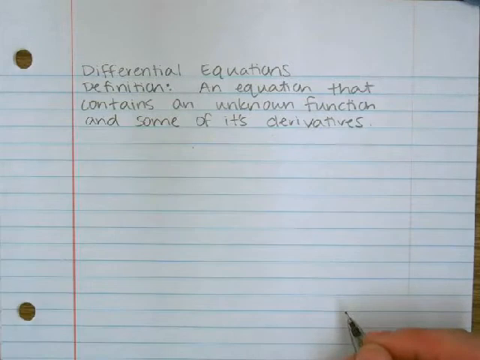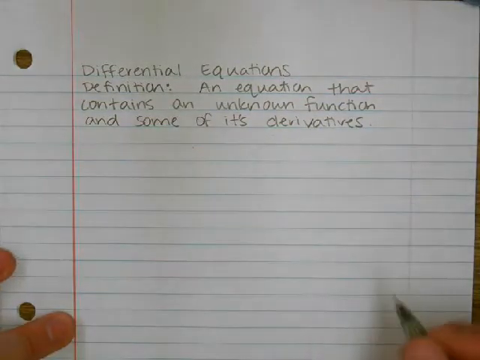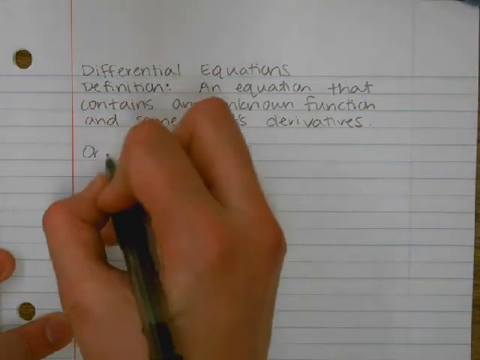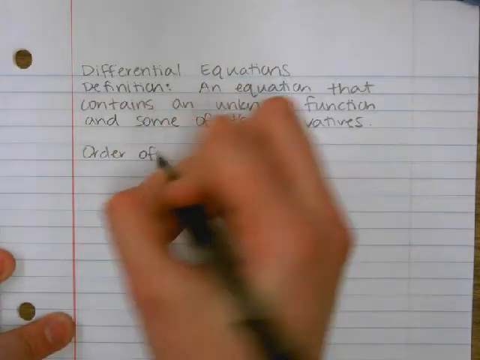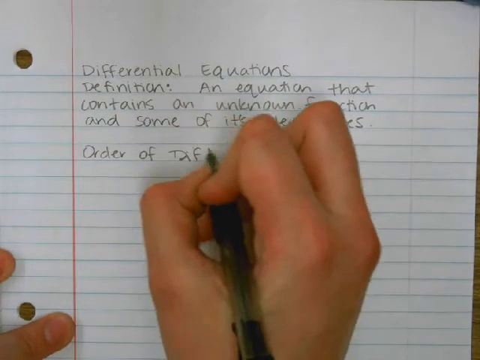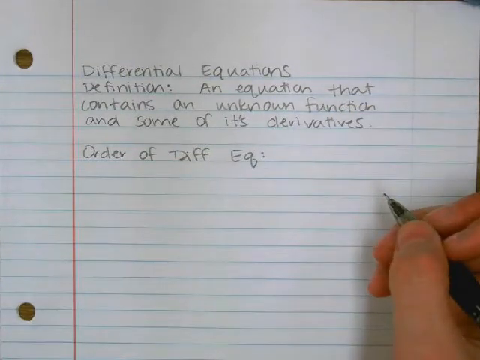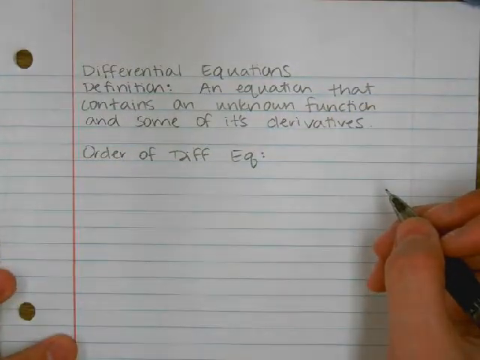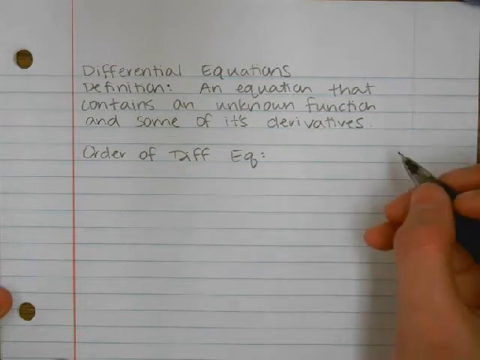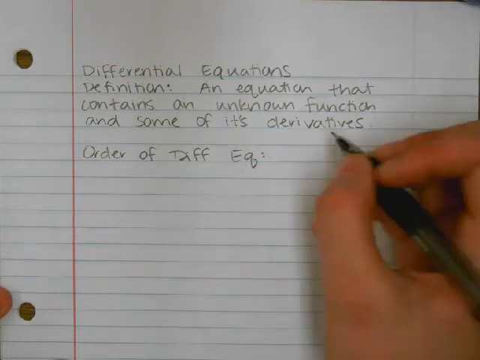So when we look at differential equations, they have different orders. And the order of the differential equation is determined by the highest order of derivative that occurs within that equation.